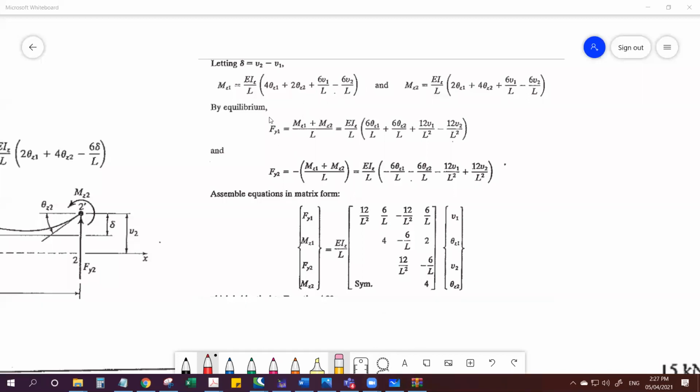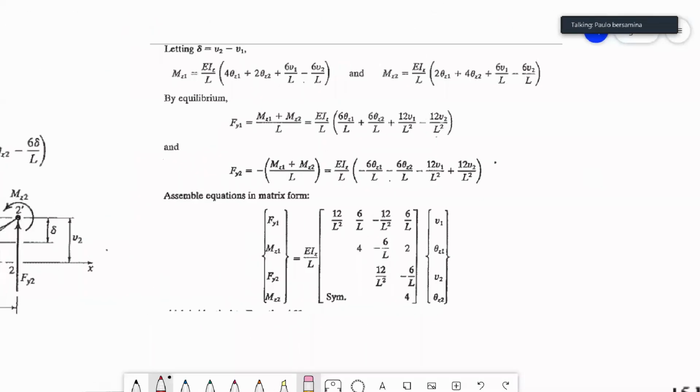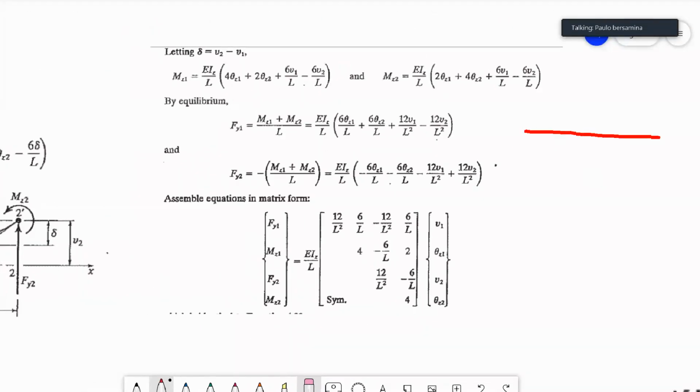So by equilibrium, remember how we write down Fy? If you have two moments in opposite directions, how do you find the reaction?